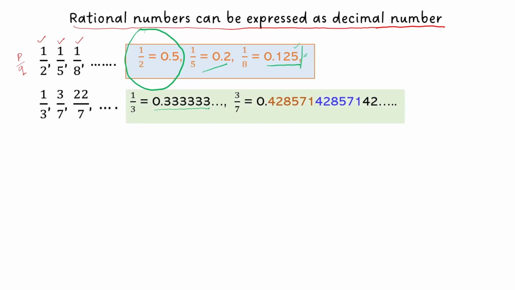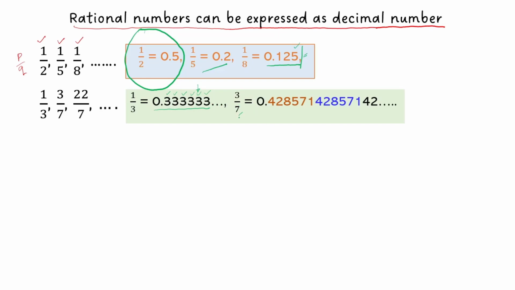Now, if we take 1 upon 3, it is equal to 0.333333. This is non-terminating. The division never ends. Another characteristic is that the digit 3 is repeated again and again. This type of repetition is called recurring but non-terminating.